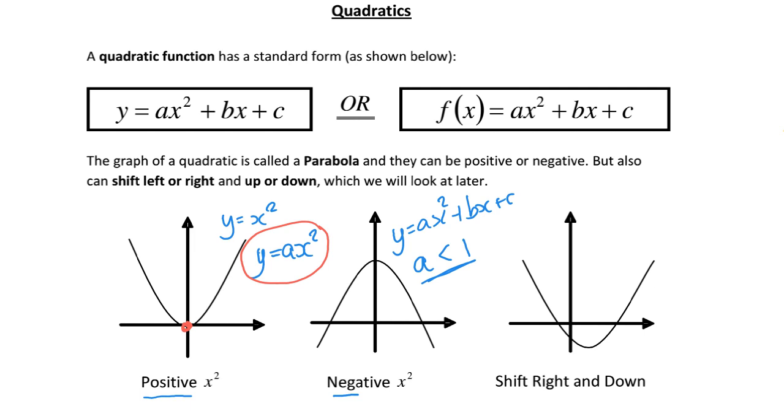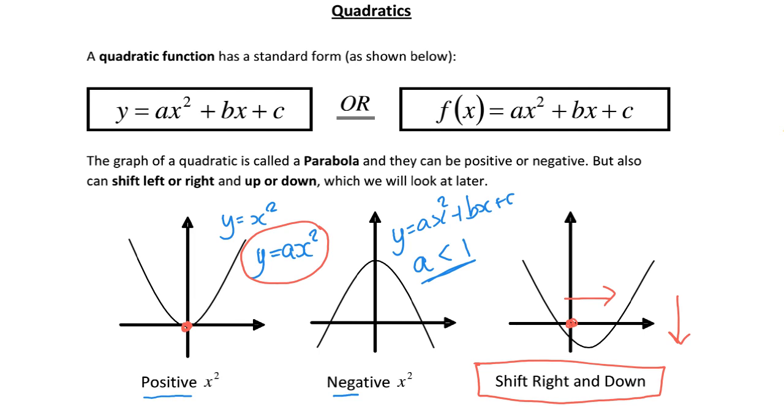Now, the third graph there shows a parabola that's positive, but, as you'll see I've written, it's shifted right and down. So that means we've moved from the origin to the right and down. That's just an example put in there to let you see that there will be occasions where these parabolas may be upside down, they may have shifted left and right, and that impacts the equation.